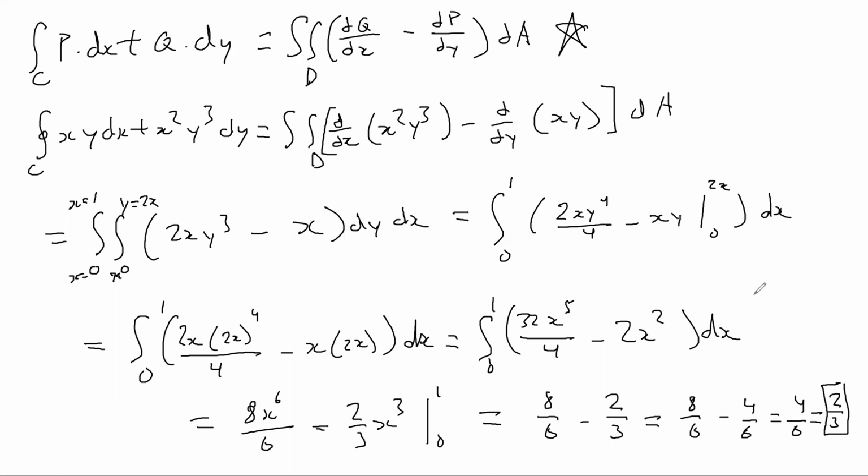All right, so let's try another one of these kinds of questions. I'll be looking into number 5 from the textbook. So for number 5, it says use Green's theorem to evaluate the line integral along the given positively oriented curve.